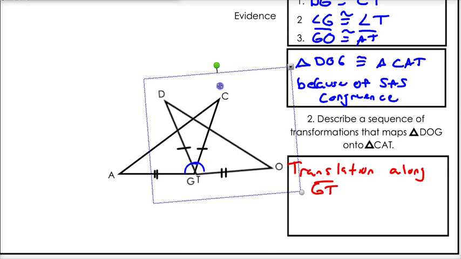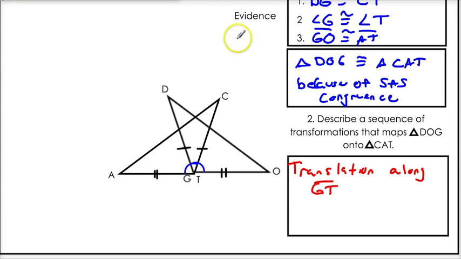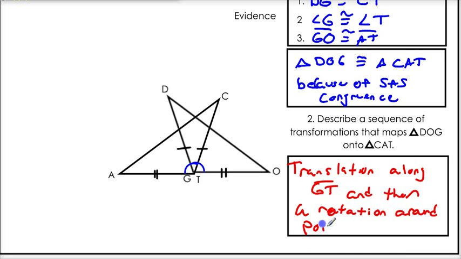Ugh, that looks ugly. But we're going to rotate this now. So this is, and then a rotation. And you don't have to put the degrees now. Just a rotation around point G.